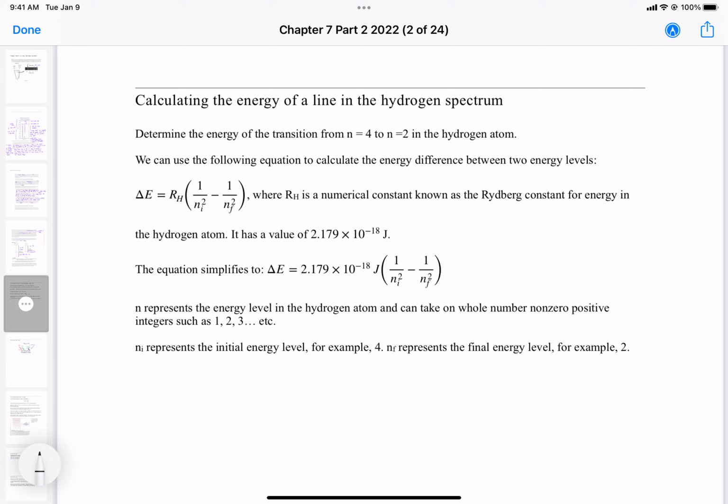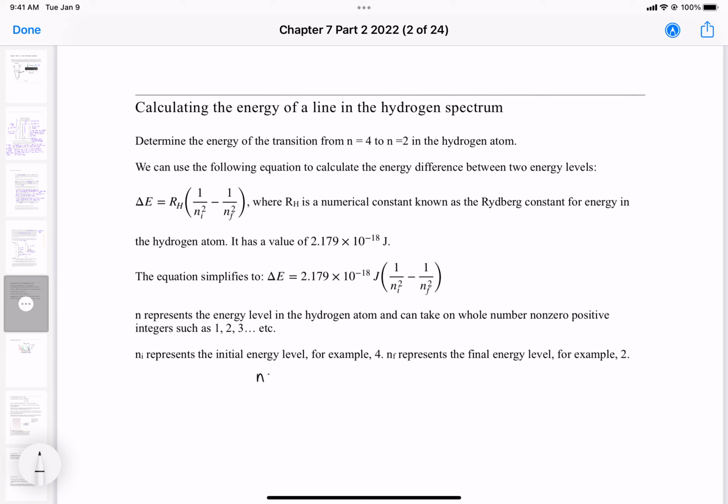So this equation simplifies to this form. Delta E equals 2.179 times 10 to the negative 18 joules, multiplied by a factor of the difference of the energy levels. Now let's calculate this. Initially, n initial is n equals 4.